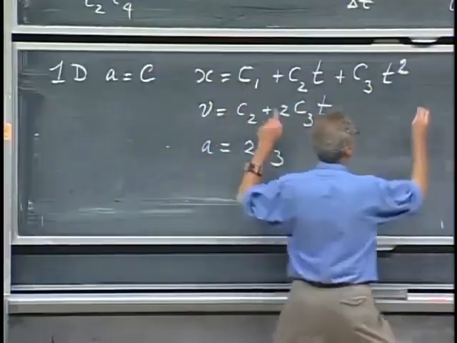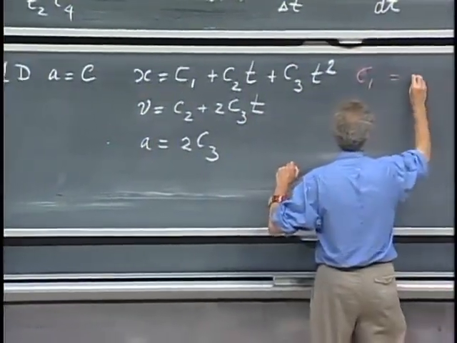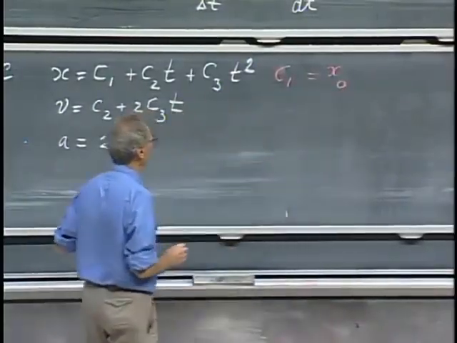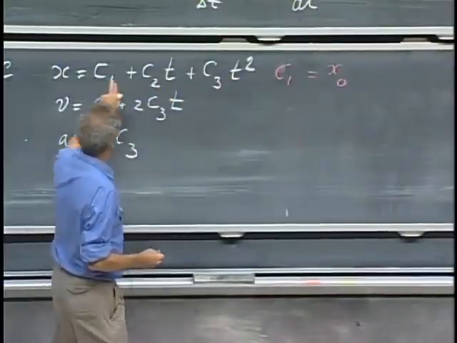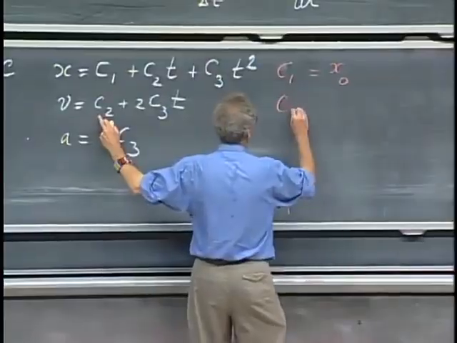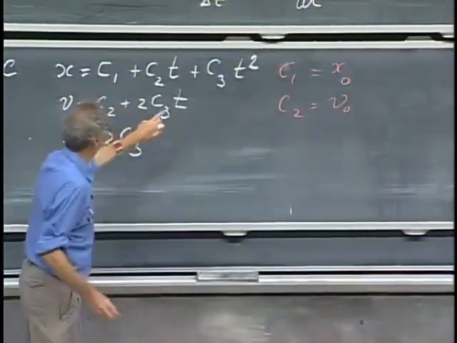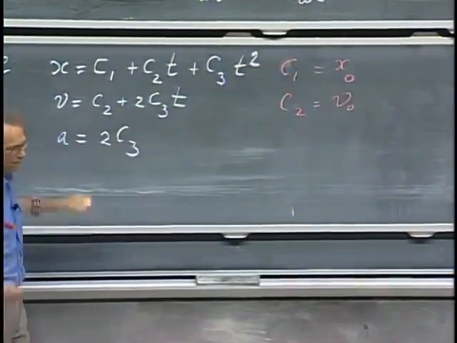Clearly, c1 is the position of x at time t equals 0, for which we often write an x0. Because when t is 0, that is where x is. c2 is really the velocity at time t equals 0, because when t is 0, that's when c2 is v.